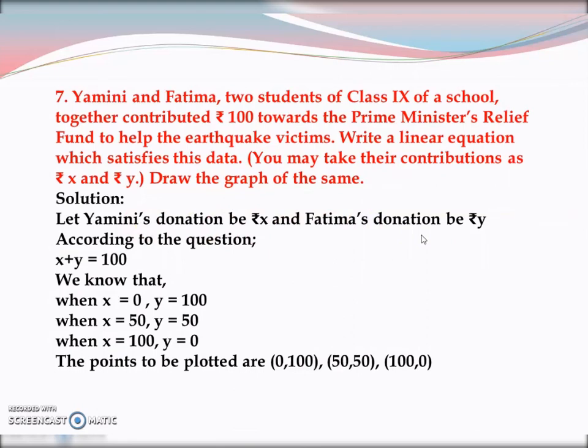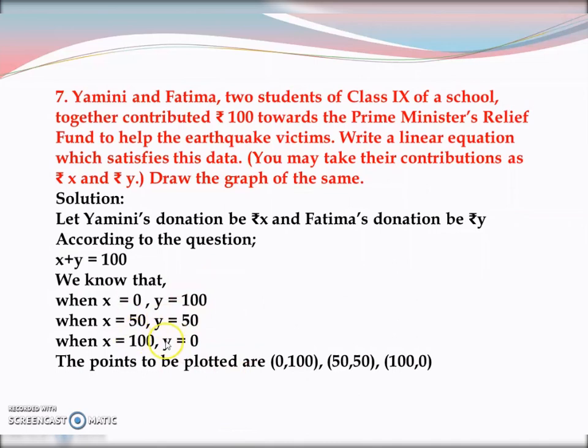Now totally they are contributing ₹100. We don't know how much each one has contributed. We only know the sum. So x plus y is equal to 100. So any possibility can be there. It can be 0 and 100, 50, 50, 100, 0 or many other possibilities like 60, 40, 30, 70 and so on.